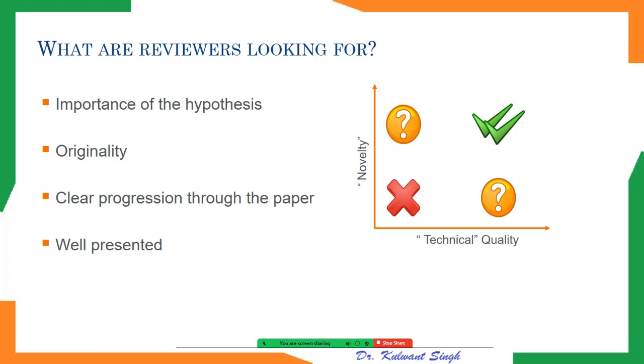The paper will be sent back to the author to improve the quality of the paper. And if the paper has sufficient technical quality but there is some lack of novelty, then again it will be sent for revision to add novelty to the work.